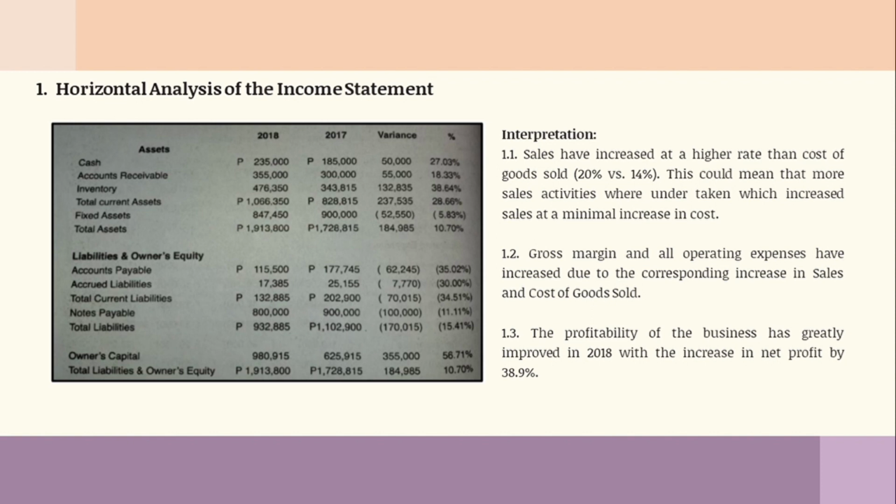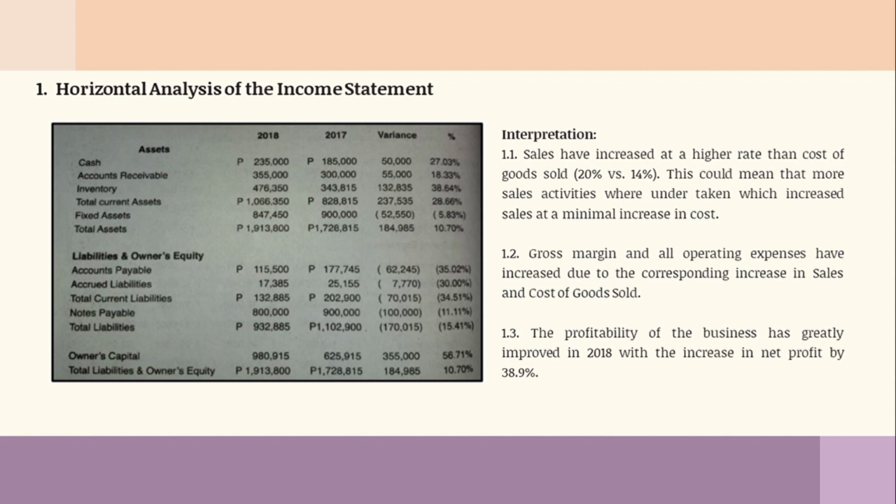So you can see in the picture the changes in sales, cost of goods sold, gross margin, and operating expenses, and so on and so forth. I know that you already know how to get the variance and percentage, right, from Grade 11. So how do we do it? We subtract the prior year from the current year, which is 2018 and 2017.